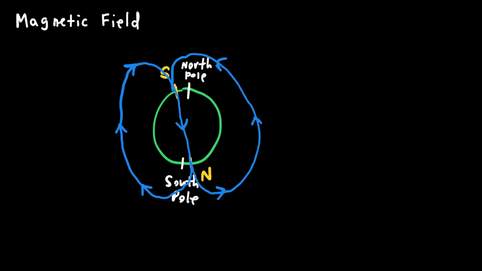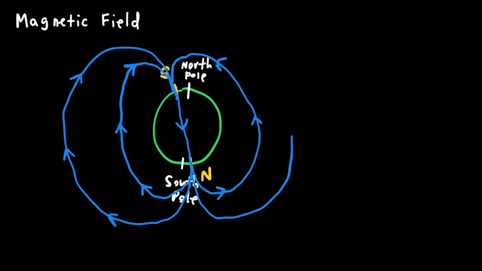And these lines always point from the North Pole to the South Pole. And so we could draw lines forever, but this gives us a little bit of an idea as to what the magnetic field around the Earth looks like.